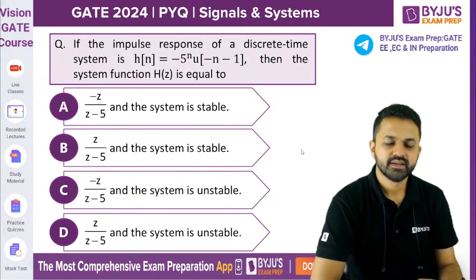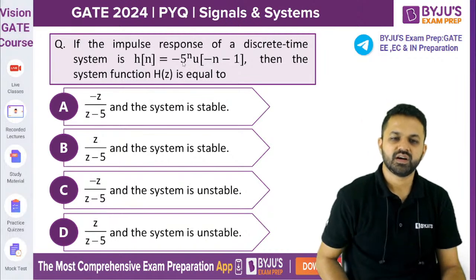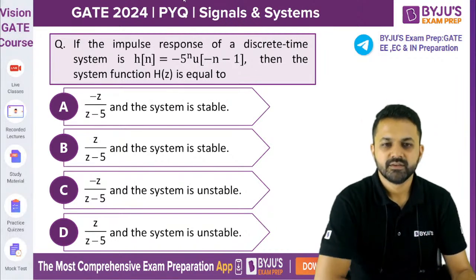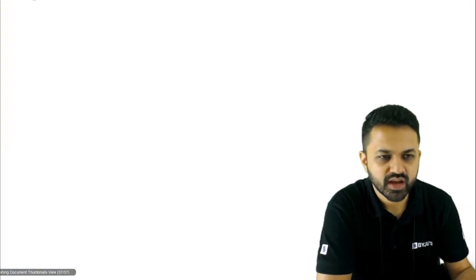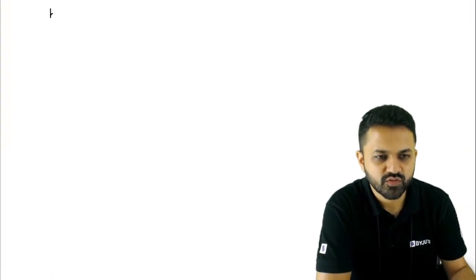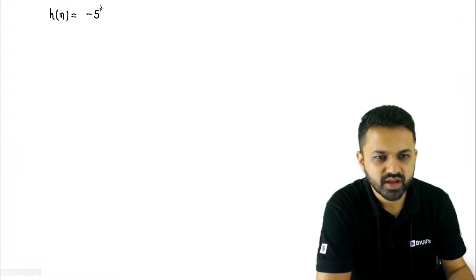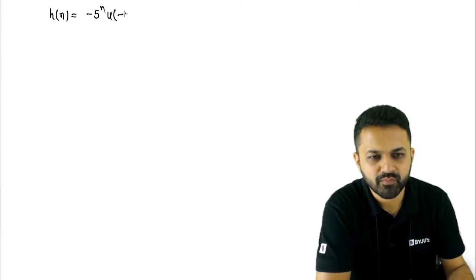We have h of n is minus 5 to the power n u of minus n minus 1.